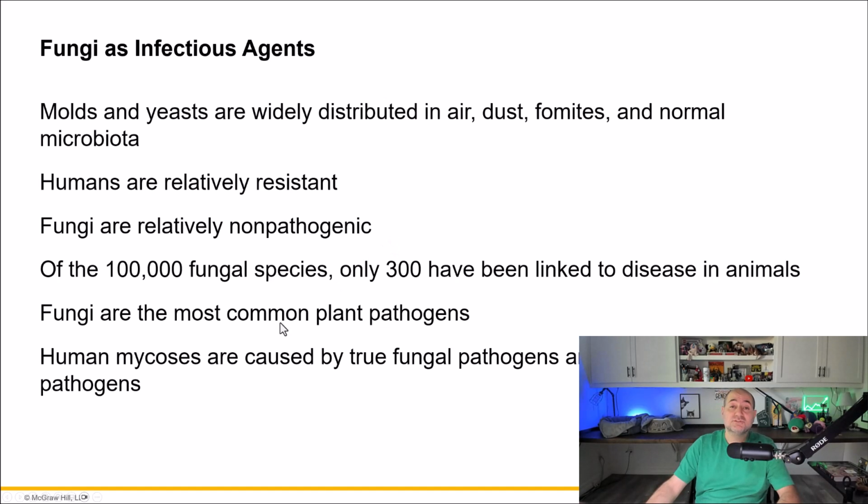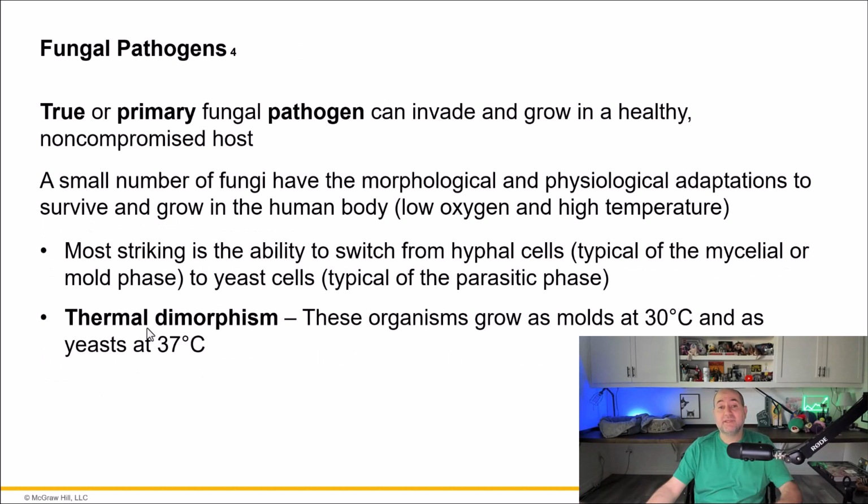And you remember this term, so important. You should know that a mycosis is a disease caused by a fungus. That's what myco means. Myco means fungus, and mycoses are diseases caused by those fungal pathogens. And please know about the true or primary fungal pathogens.